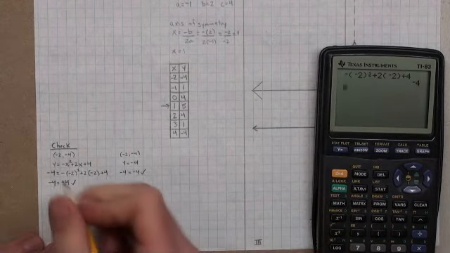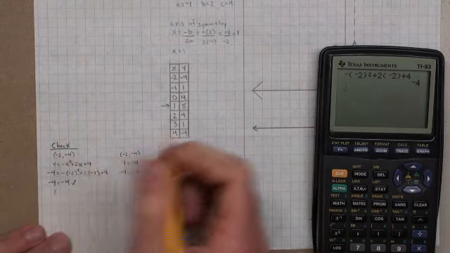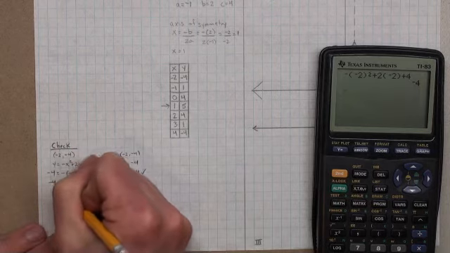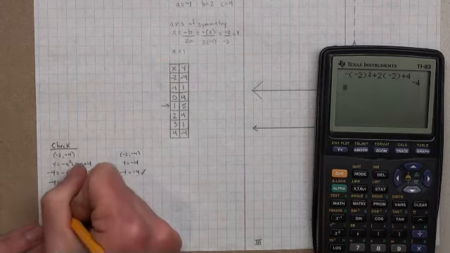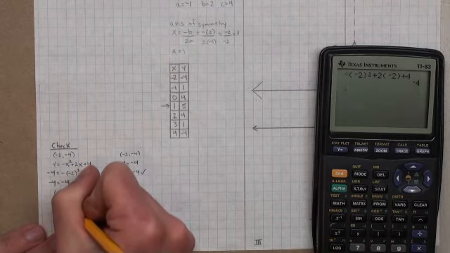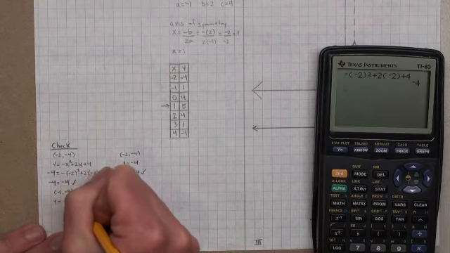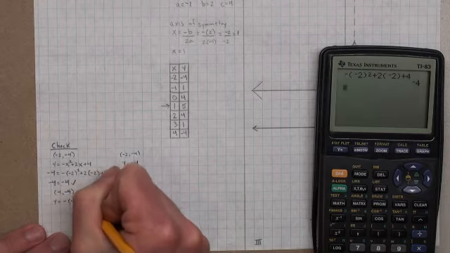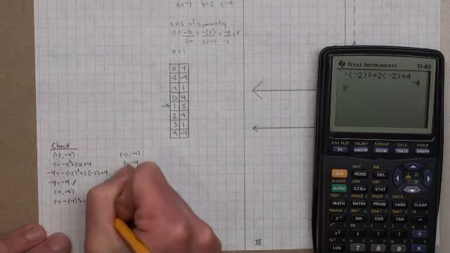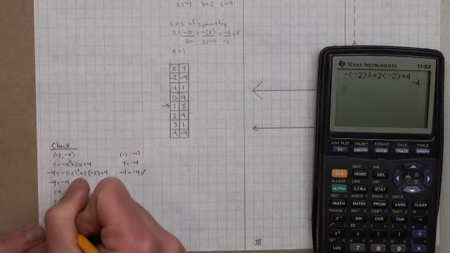Okay? Now let's check the point 4, -4. Y equals -4 squared plus 2 times 4 plus 4.